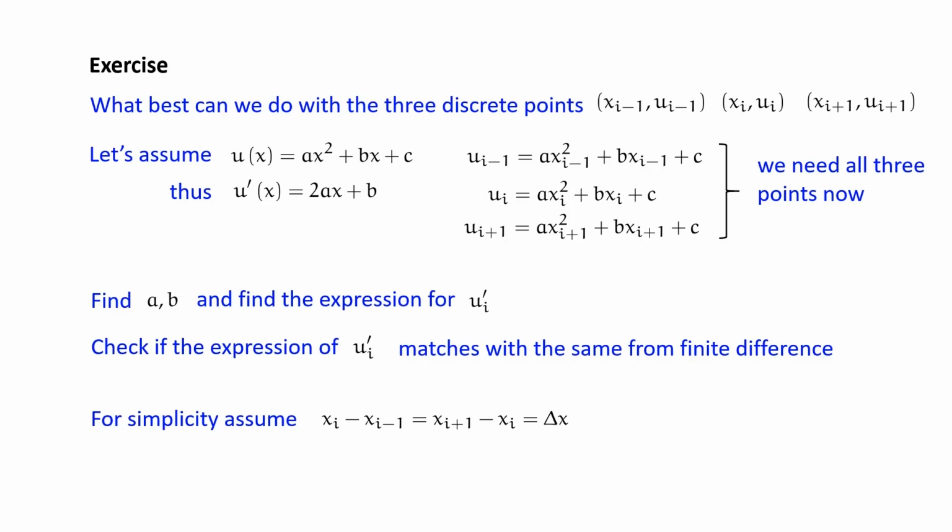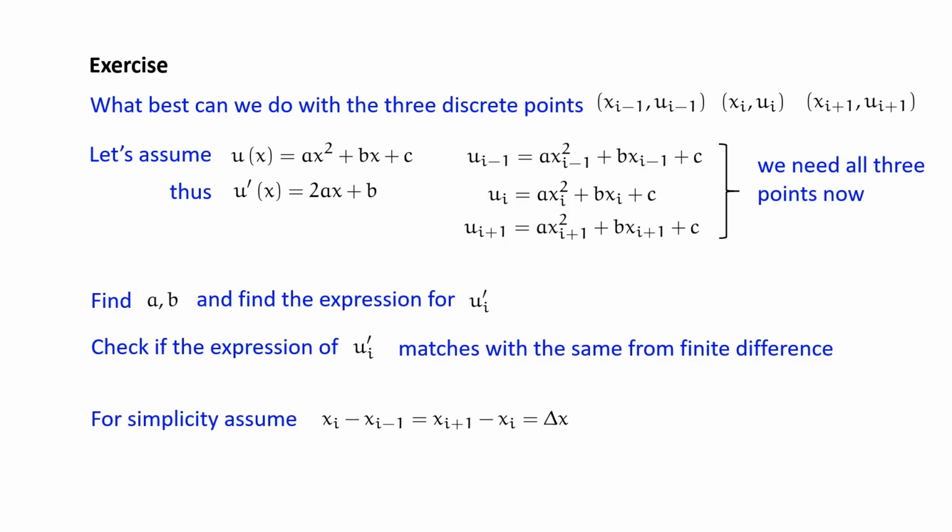We have 3 points, so the best we can have is a x squared plus b x plus c. We cannot use any higher order polynomial because here we have to find a, b and c. We need 3 equations, so we need 3 points.